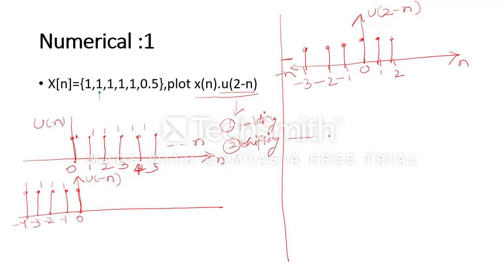Now we have to multiply this signal by x[n]. We know that x[n] is given to you. How are you going to plot it? See here, the 0 position is where the arrow is, then 1, 2, 3, 4 and minus 1. So at 0, 1 magnitude is there.